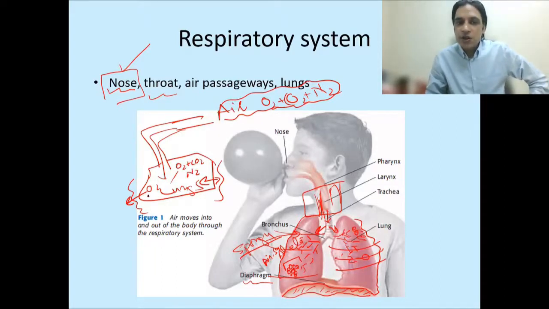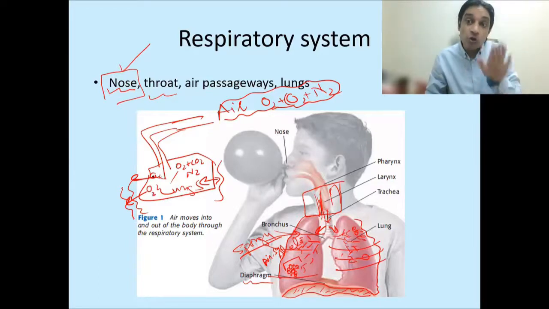But oxygen is consumed by the blood. The blood absorbs oxygen from the lungs. So the blood is taking away oxygen from the lungs. That decreases the partial pressure of oxygen only. The nitrogen will not be consumed, so the partial pressure of nitrogen stays the same within the lungs and outside the lungs.